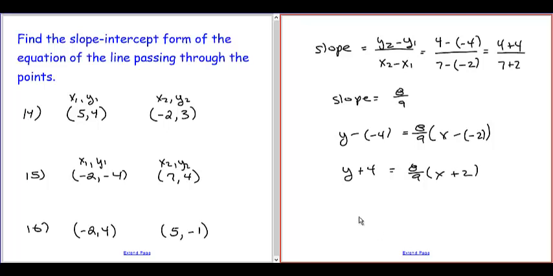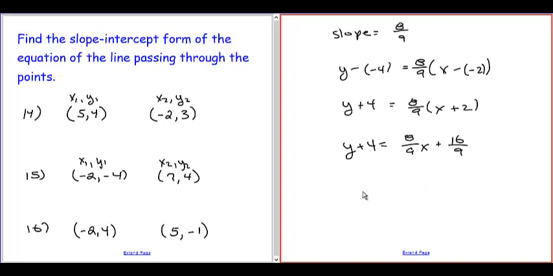So it becomes that. The next thing we do is multiply the slope times both terms. So 8 times 2 is 16, so we get 16 ninths. We move this to the other side, so that positive 4 becomes a negative 4.